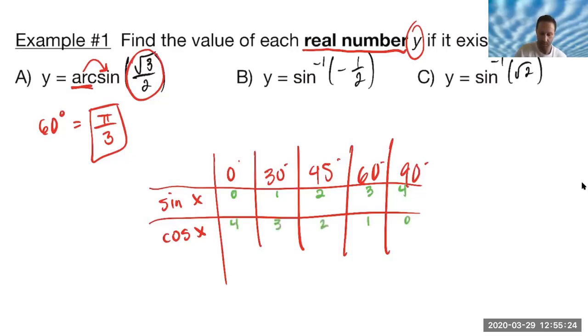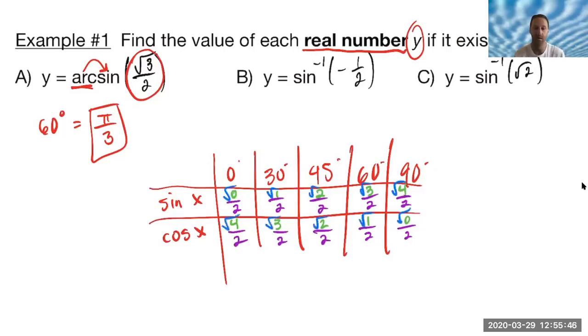Now, if you do this, it'll save you half the time it would if you memorized it on your own. All you got to make sure that you remember is that you have to take the square root of every single one of these. And that will give you every single value for both sine and cosine for every reference angle.